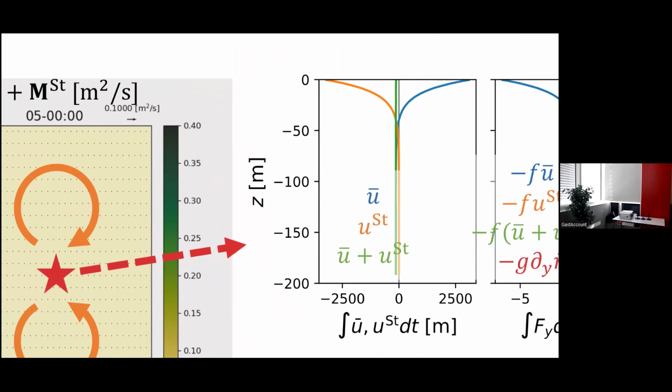The Eulerian velocity almost locally cancels out the Stokes drift velocity, but there is a small deviation from zero, which we can see in the Lagrangian velocity profile. The Lagrangian velocity has an almost vertically uniform, barotropic residual pattern.